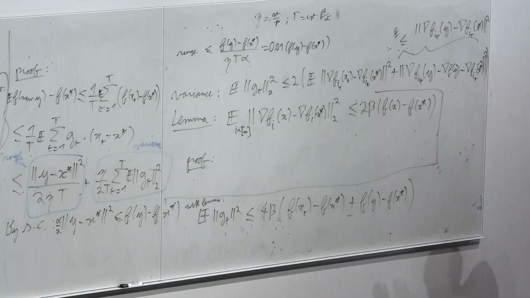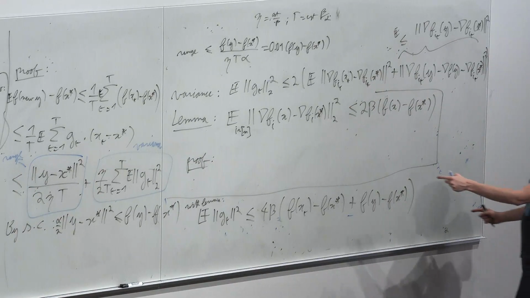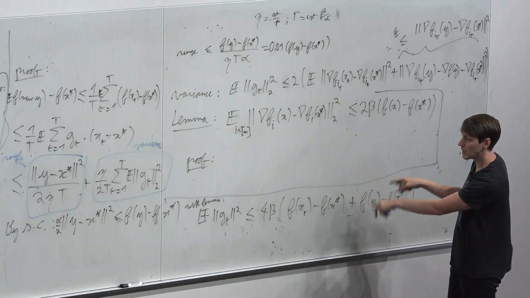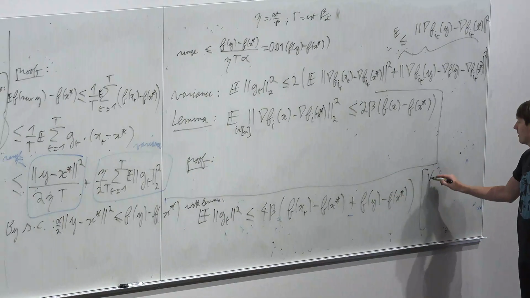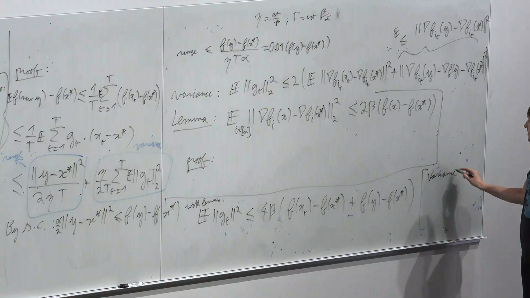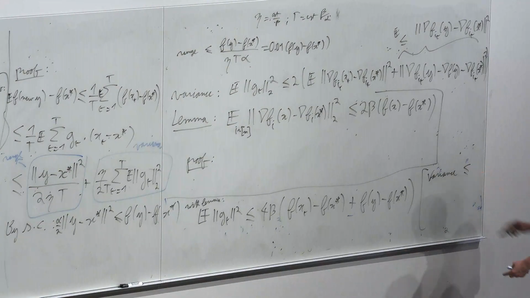And the variance term is what? The variance term is eta over t times the sum of those things. So the variance is now upper bounded by what?